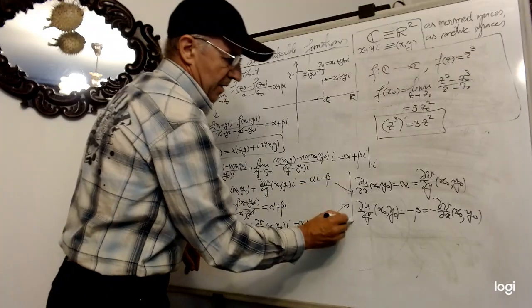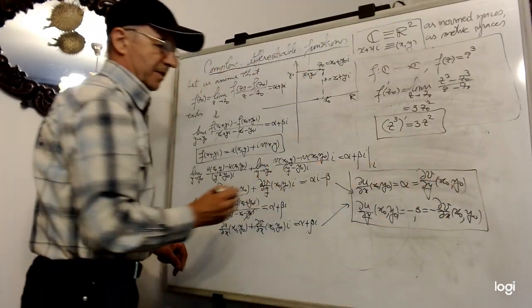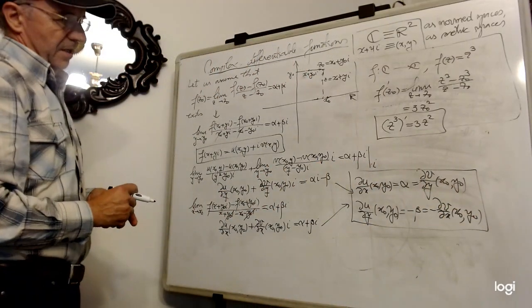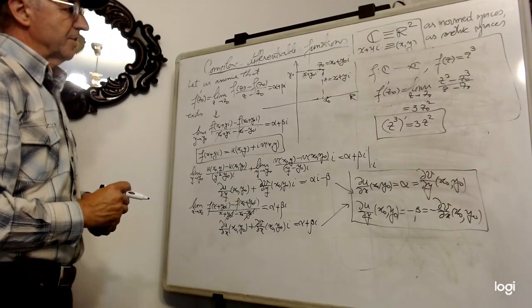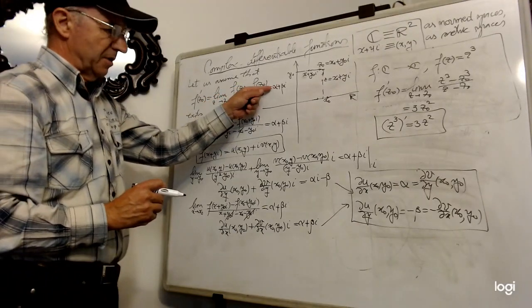So these two relations are a necessary condition in order for this limit to exist.